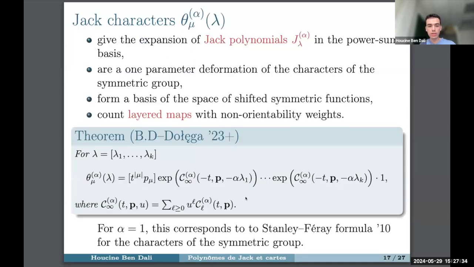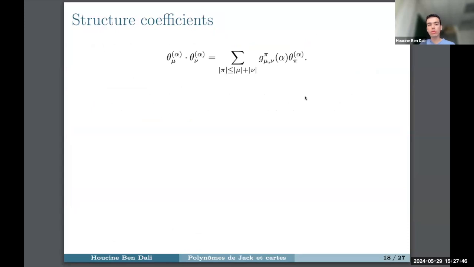So, as I said, these Jack characters form a linear basis of the space called the space of shifted symmetric functions. So it makes sense to understand the structure coefficients. These structure coefficients are defined as follows. We take two characters, theta mu and theta nu, and we multiply them.